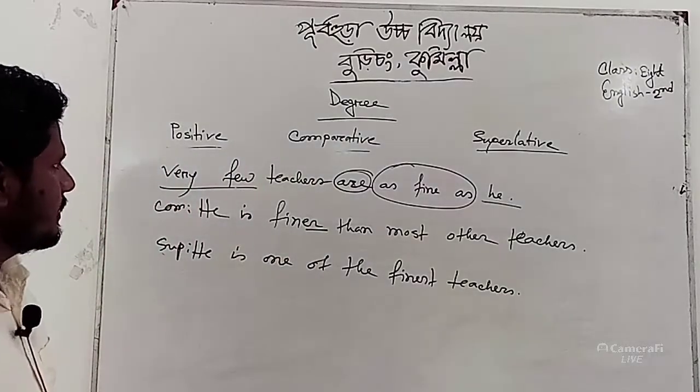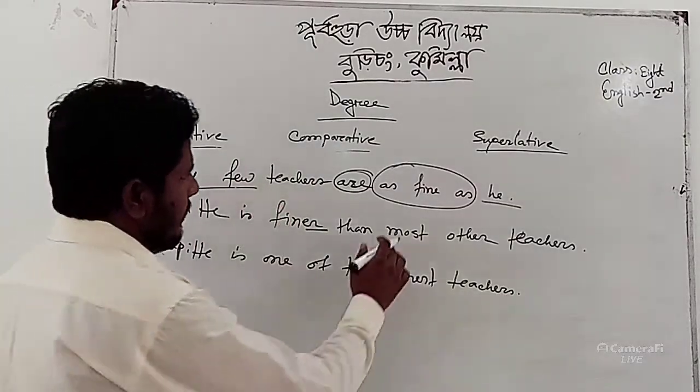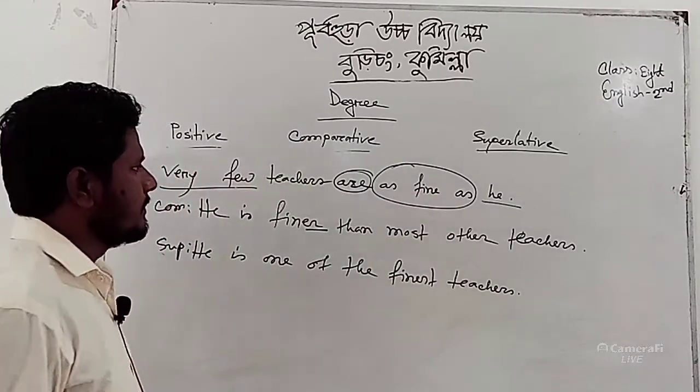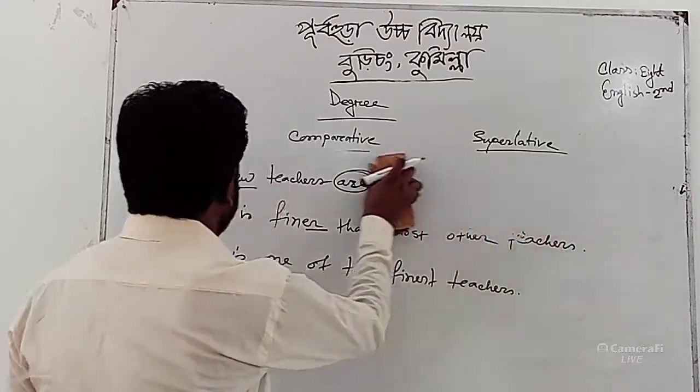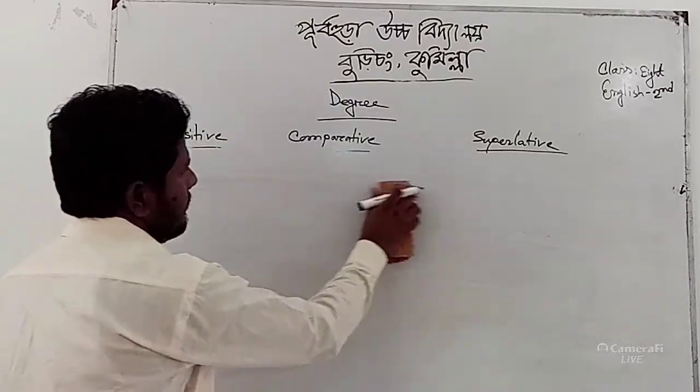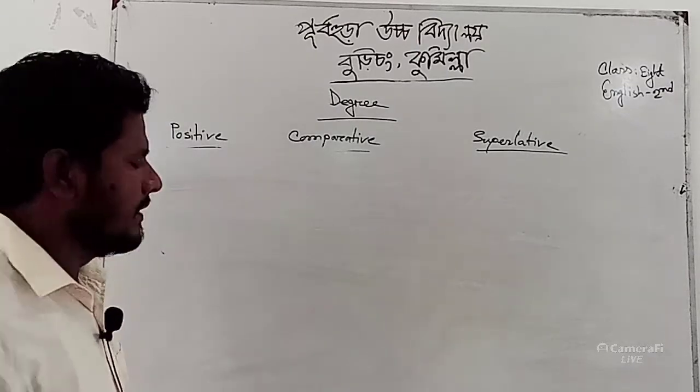Okay, dear students, this is the one criteria having adjective in single syllable, and if the syllable becomes two or three or more, then another criteria will be added here.